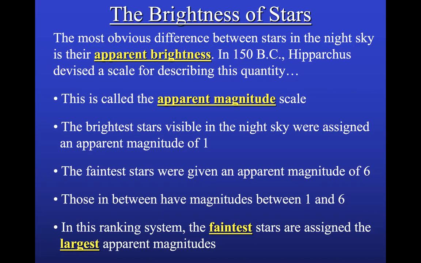If the number is lower, they become brighter, right? That's how these stars are categorized in terms of magnitude. Make sure of this, because the scales you see in day-to-day life are completely different from what we are talking about here, right? This magnitude scale measures the brightness of stars. Once again, the lower the number, the brighter the star; the higher the number, the fainter the star. Right? So that's how it works.